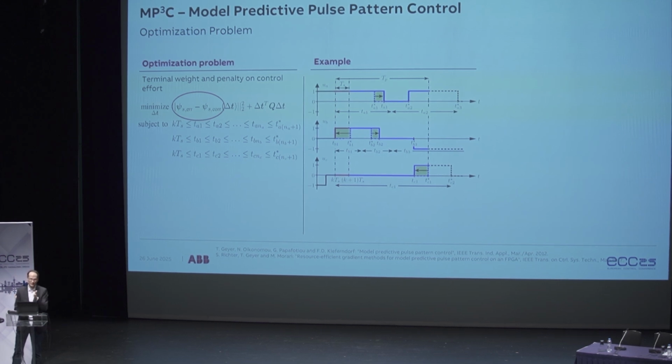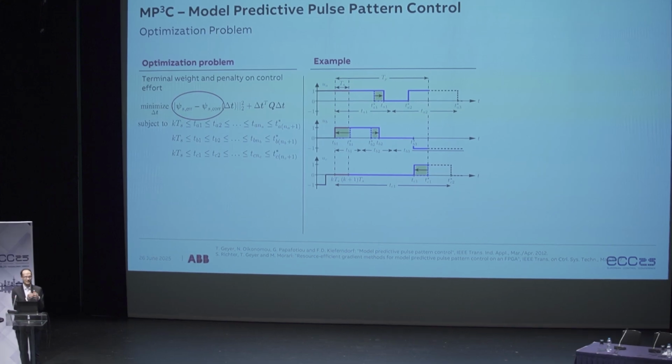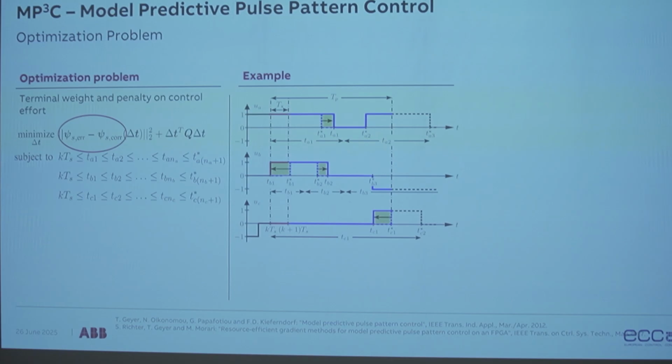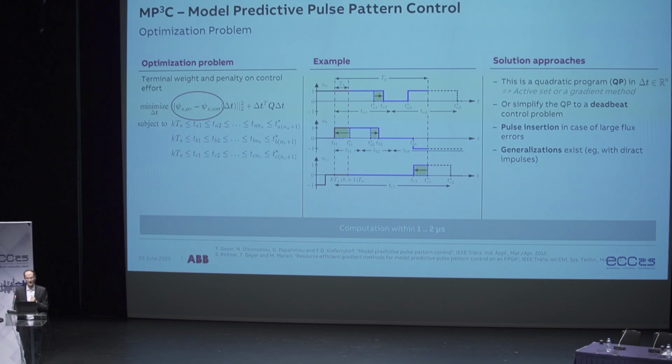And if you introduce Dirac pulses, sort of linearize the switching instant modifications, you can have a quadratic cost function where you integrate up the error over the horizon. And if you have a linear system, then you still end up with a quadratic program. So this is a very nice approach. References are not down here. But this is then suitable if you have a more complicated system, not just a trivial integrator.